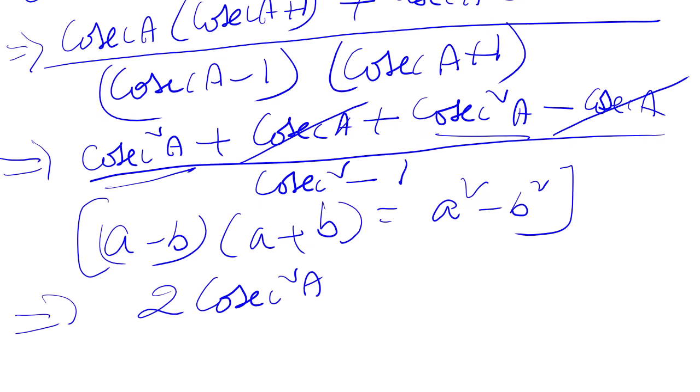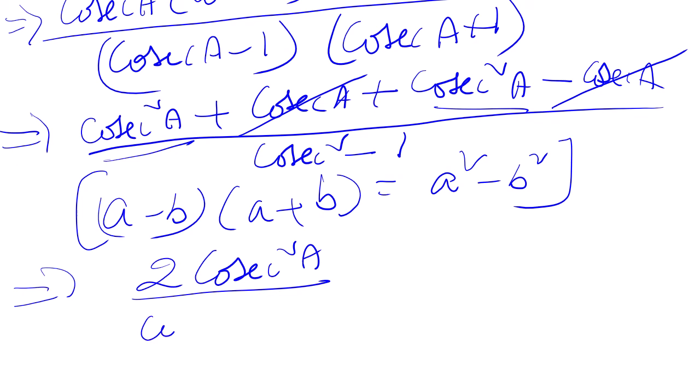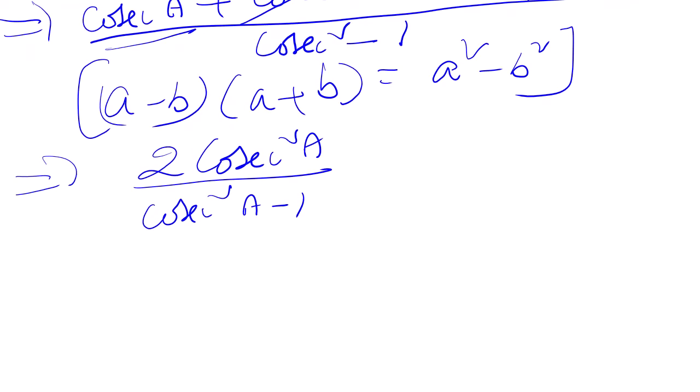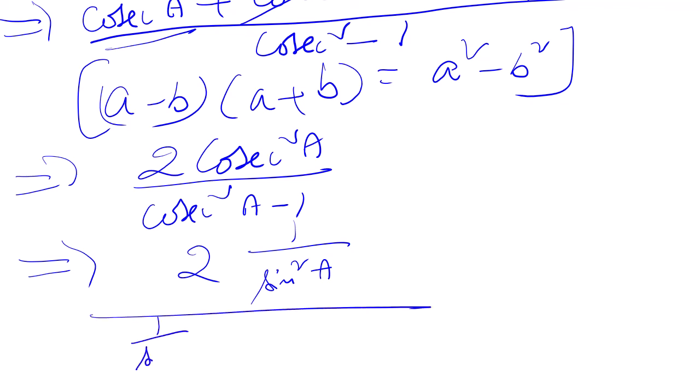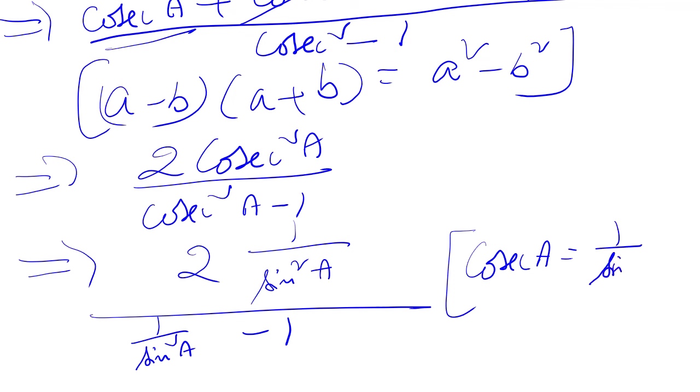So you get 2 cosec square A upon cosec square A minus 1. Now cosec is reciprocal of sine. So this can be written as 2 into 1 upon sine square A, upon 1 upon sine square A minus 1. This is because cosec A is equal to 1 upon sine.